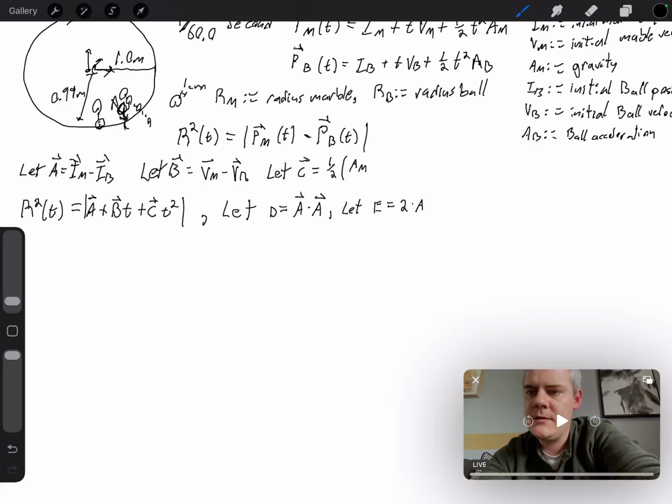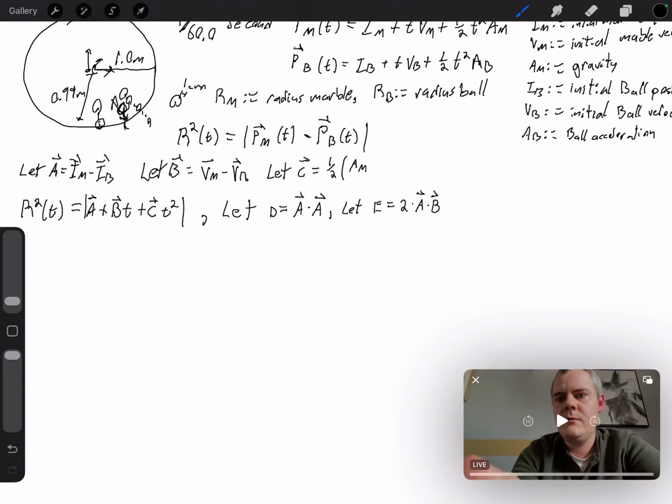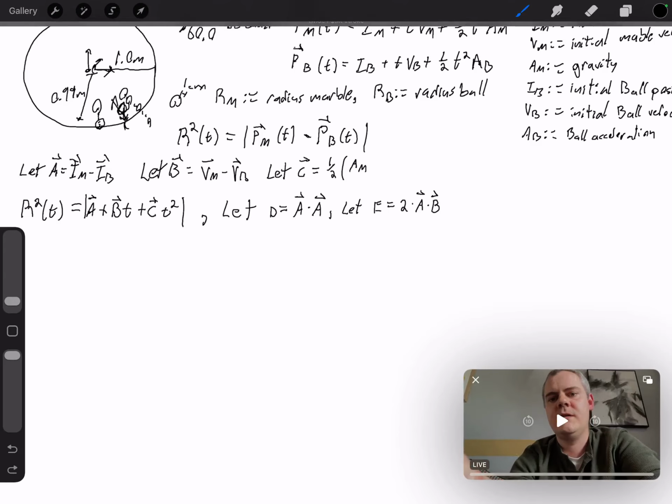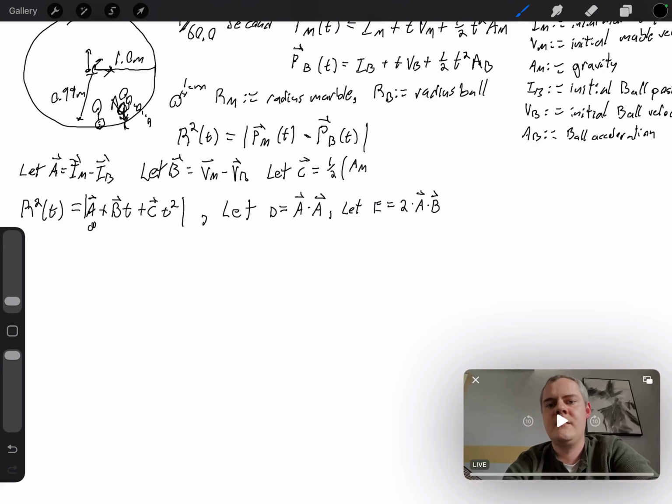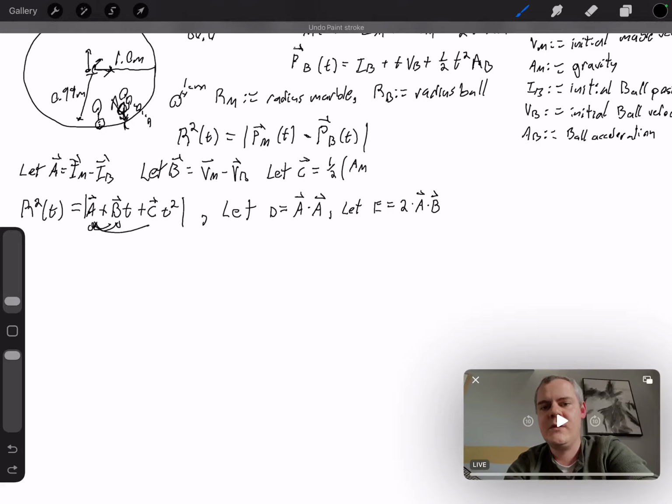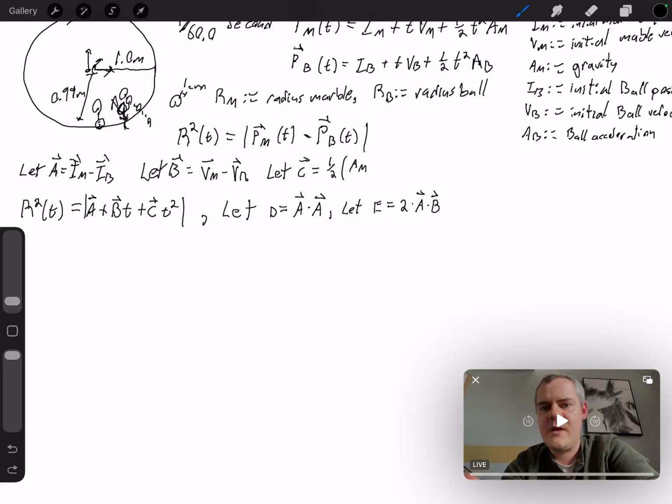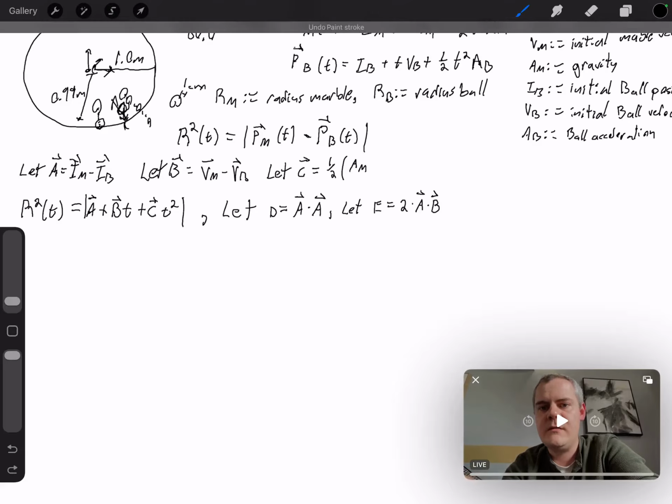I'm putting a 2 here because if this expands out, you get A dot B, but you also get B dot A. So it's like if I do all the permutations, like AA, AB, AC, BA, BB, BC, CA, CB, CC. Look at all this undo I gotta do now. But anyways, all that really mattered from that is that there's the version that goes AB, and then there's the version that goes BA. So there's 2 of them.